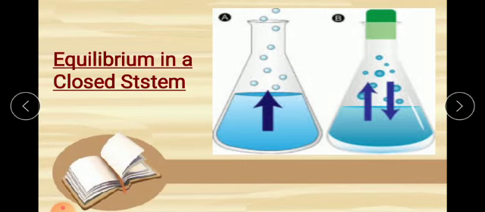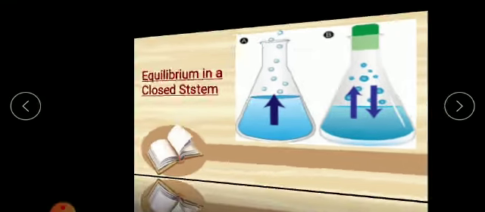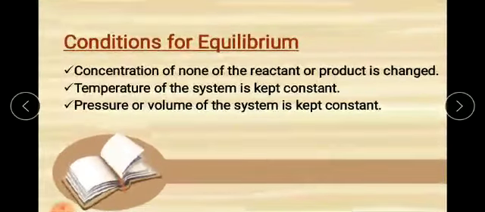In any of these cases, a condition will eventually be reached in the container such that the forward and reverse reactions occur at exactly the same rate. This leads to a situation where the concentration of reactants and products remains the same as long as the following conditions are observed.